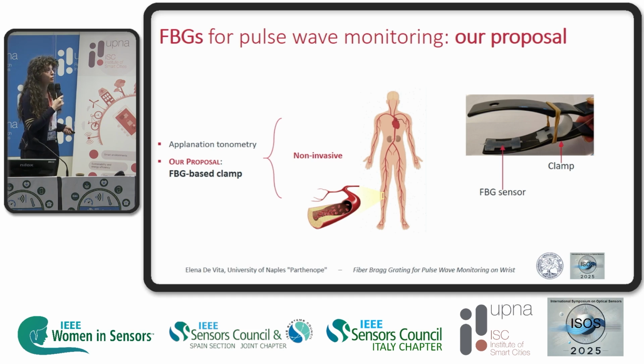Basically, we propose to embed the FBG in soft compounds and to include this device, the embedded FBG, in some object easy to apply, like a clamp typically used for electrocardiography measurements.